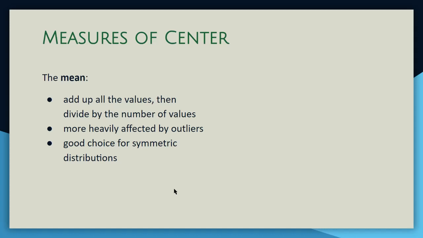Because of that, the mean is generally best when used with symmetric distributions. Distributions that if you cut them in half at the midpoint and you fold them, you get 2 perfect mirror images. The upside for us is that most of the distributions that we're going to use in this course are symmetric. So our default measure of center for this class is going to be the mean.